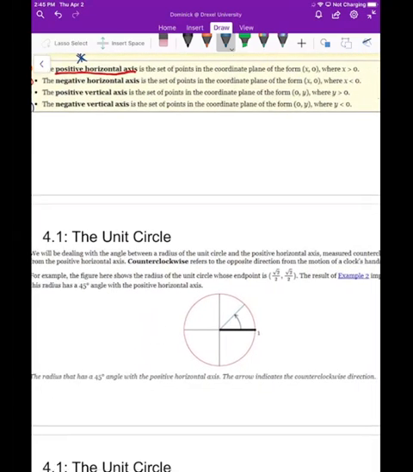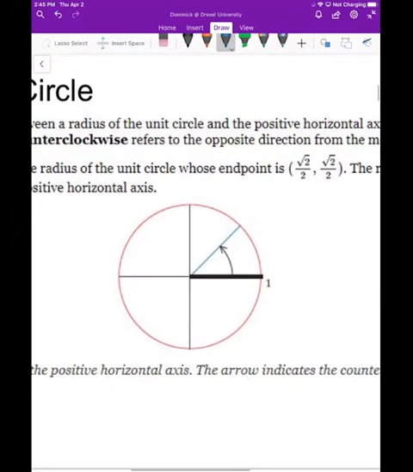So on the unit circle, we will be looking at this positive horizontal axis, and all angles are measured counterclockwise starting at the positive horizontal axis.